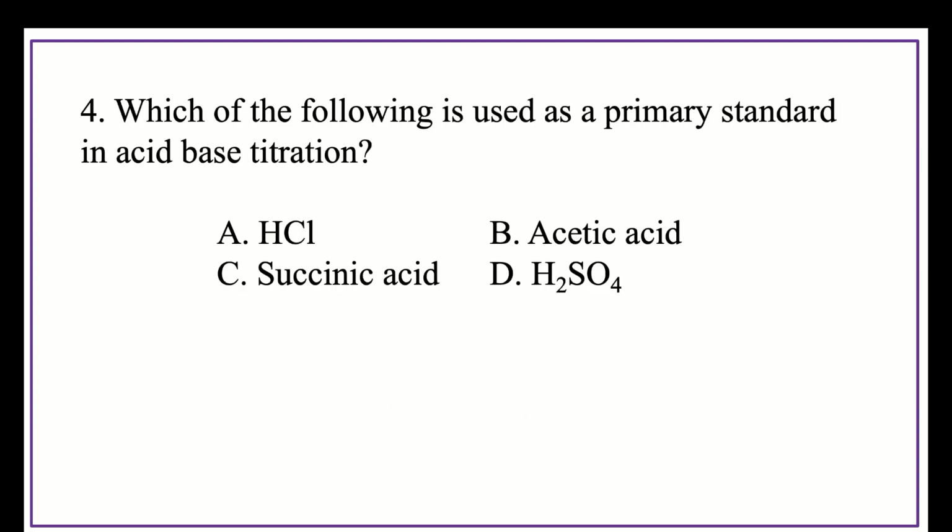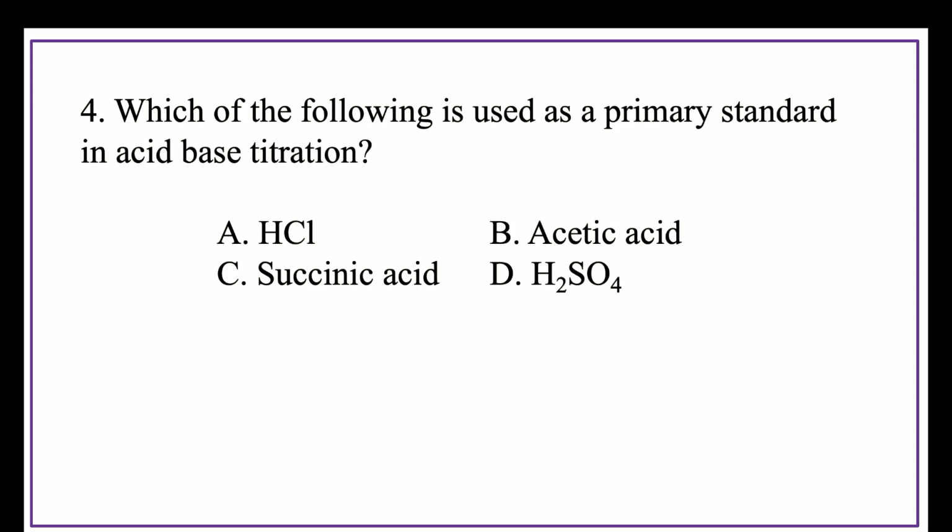Next question. Which of the following is used as a primary standard in acid-base titration? HCl, acetic acid, succinic acid, sulfuric acid, H2SO4. Now a primary standard is the one that is pure, it is stable, and it is non-hygroscopic.